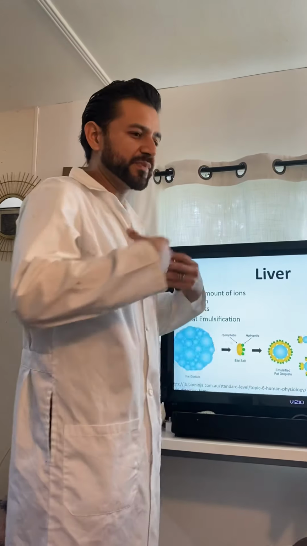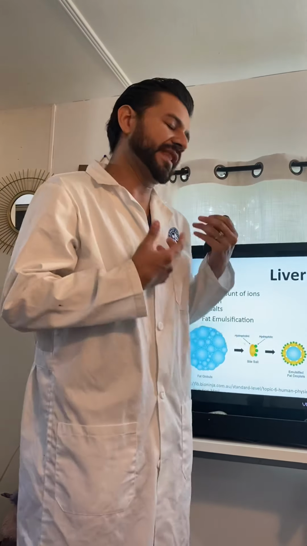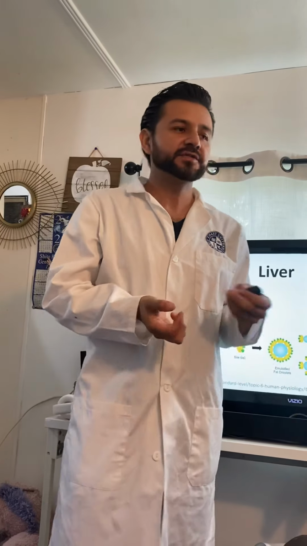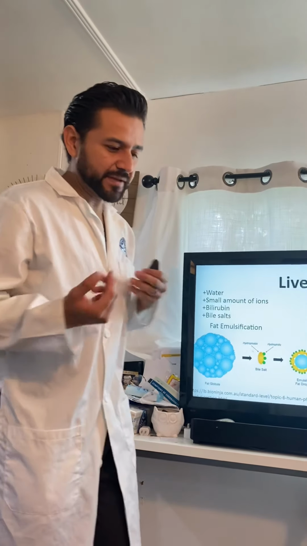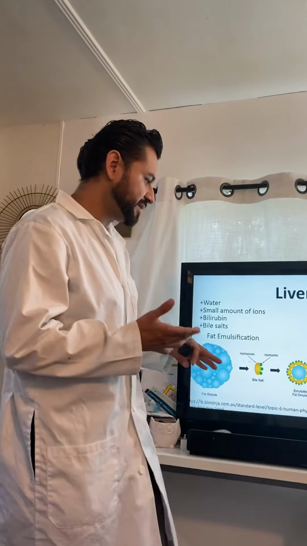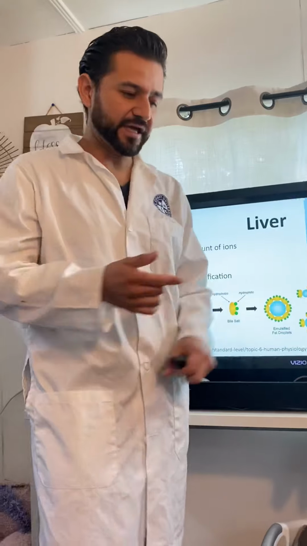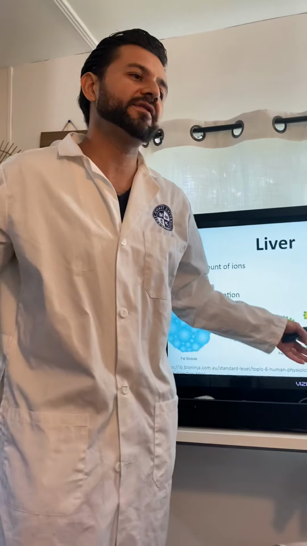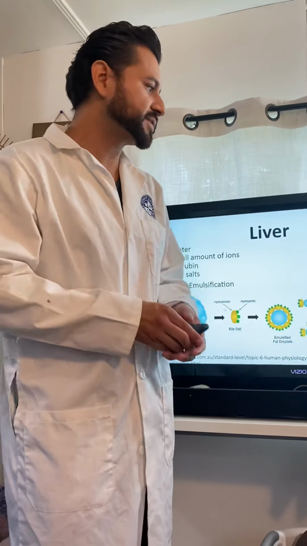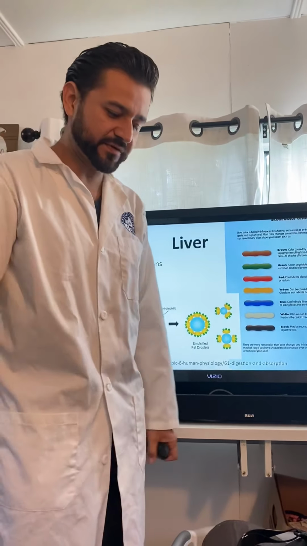A bunch of bile goes on top of it, and that makes it easier for the enzyme lipase to digest the lipids. Once it's been emulsified by the bile, lipase comes in and helps us finish digesting the fats, and along with a bunch of other nutrients, it goes into our poop so that we can excrete it, or just get rid of it from our body.